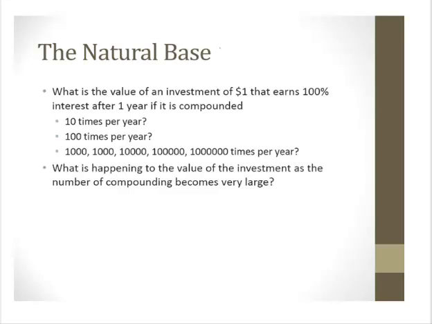Compound interest tells us that the interest that you earn is based on the principal times 1 plus the interest rate as a decimal over the number of compoundings per year, raised to the number of compoundings times the number of years.